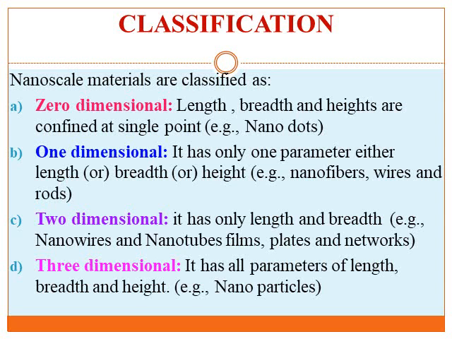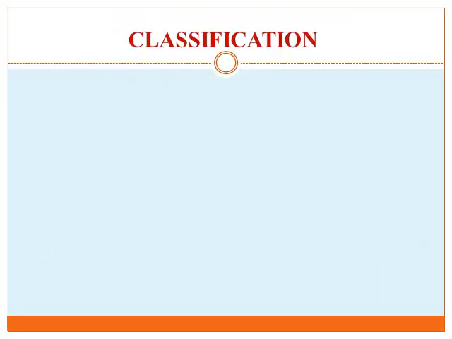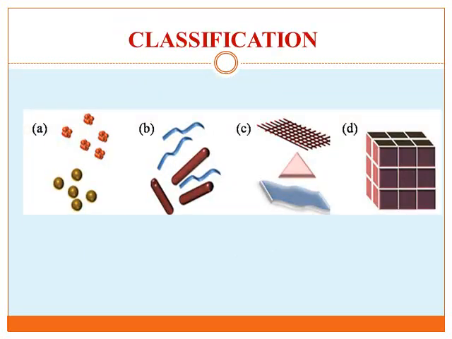So you have four different types of nanomaterials: zero-dimensional, one-dimensional, two-dimensional, as well as three-dimensional nanomaterials. You can see from the figure that A is like a quantum dot, where all parameters are fixed to one point.